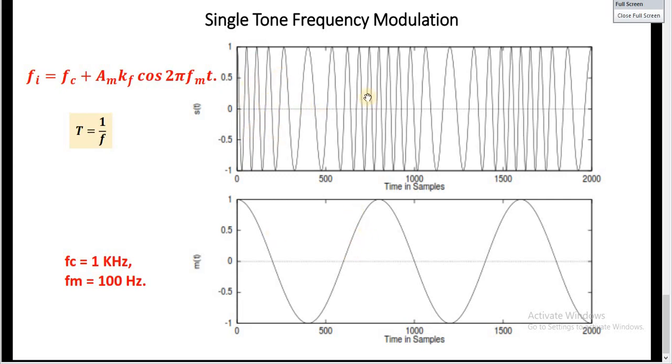The one on top is the modulated signal S of t. Its instantaneous frequency is fc plus Am k sub f cosine 2 pi fmt. This is the instantaneous frequency of this modulated signal.